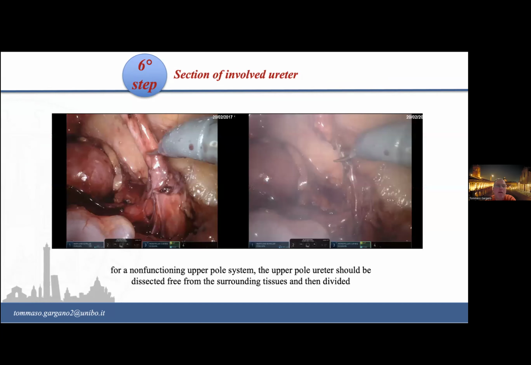In case of a non-functioning upper pole system, the upper pole ureter should be dissected free from the surrounding tissue and then divided.